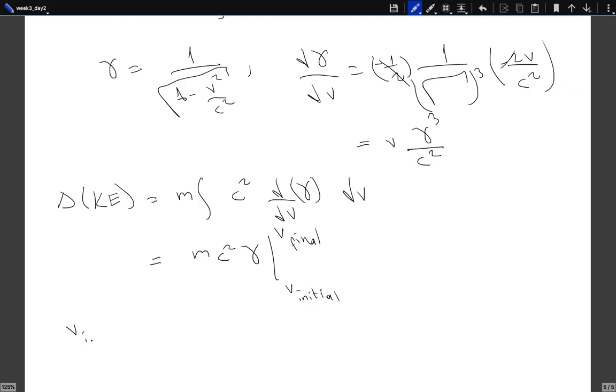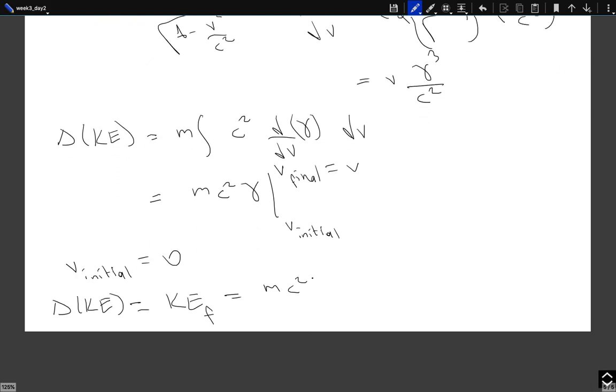Well, let's assume the object starts from rest. So the change in the kinetic energy of the object will be equal to the final kinetic energy of the object, which, when we put v final, let me just call this v for simplicity, is mc squared times gamma.